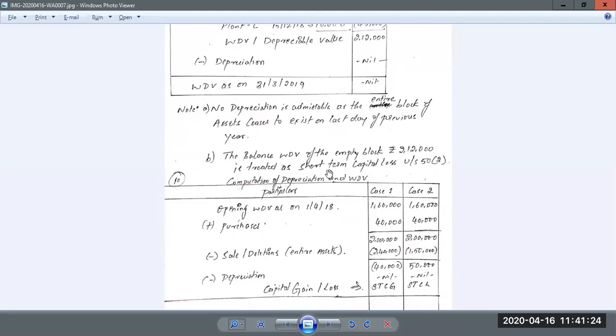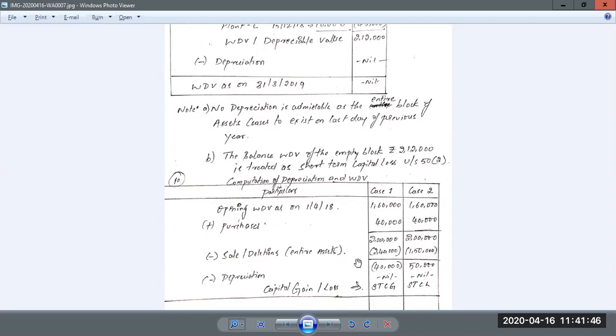Now look at this problem. How do we have to start? The opening WDV as on 1/4/2018 is 1,60,000 and purchases we have made are 40,000. So it is totally coming to 2 lakhs. The old plant and machinery we already had is 1,60,000, and they have made additional purchases in May costing 40,000. Put together, the total value of the assets is 2 lakh.